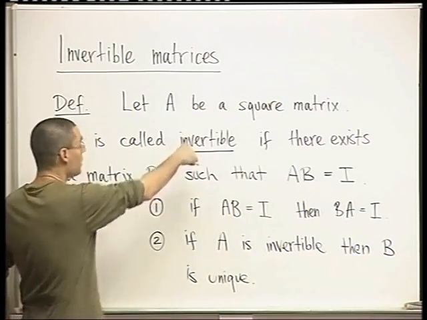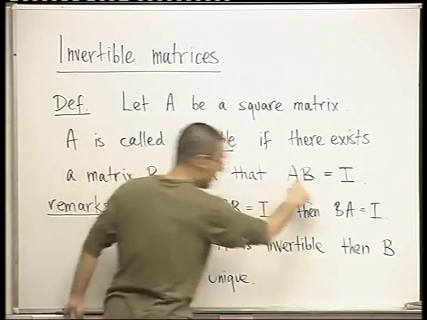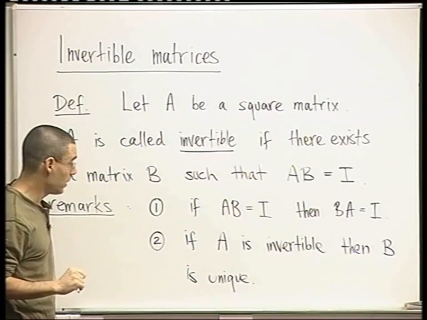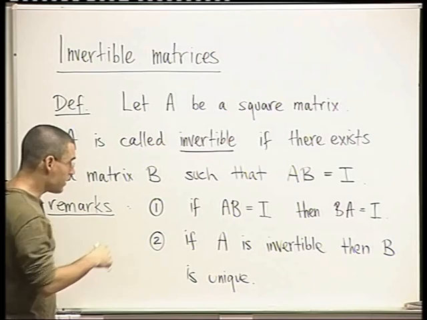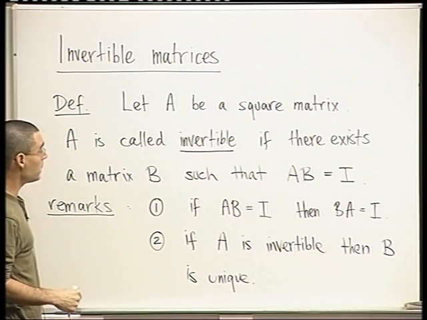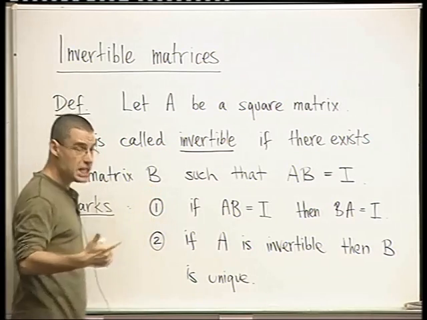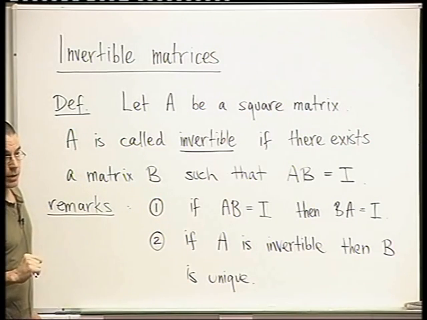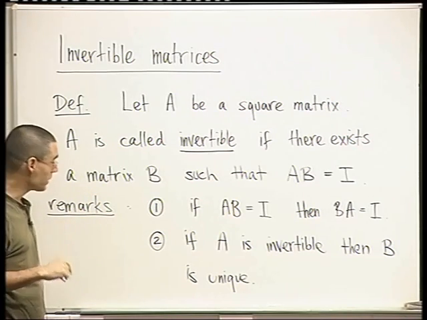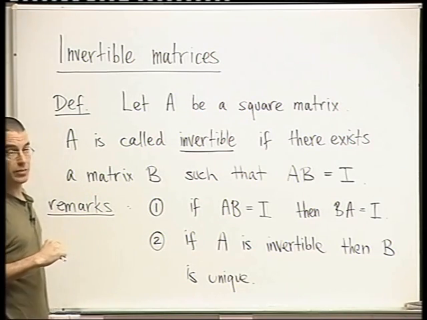So if there is such a B, such that AB equals I, then there's only one. There can't be two different ones. And this uniqueness property is the reason that we call B the inverse matrix. Because if it's invertible, then it has an inverse matrix, but in fact, it's the inverse matrix.